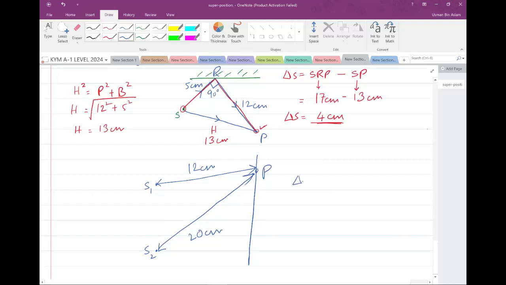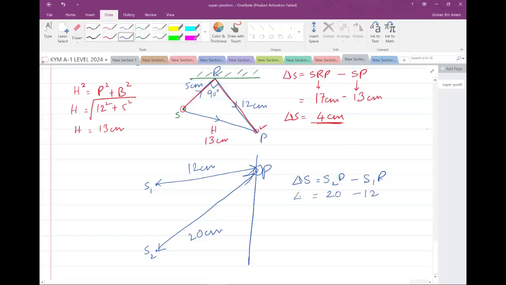So in this case, when the waves meet at a point P, they will have a path difference equal to S2P minus S1P. S2P means the length coming from S2 to P, and S1P means the length coming from S1 to P. So the path difference in this case is going to be 20 minus 12.